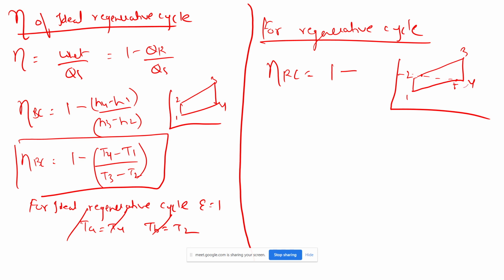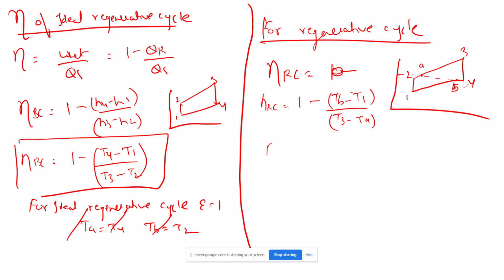It was B, it was A. So the efficiency of a regenerative cycle is 1 minus heat rejection, TB minus T1, divided by T3 minus TA. Is it okay? I have written directly because it will be HB minus H1, so CP will cancel out. So I have directly written in terms of temperature only.